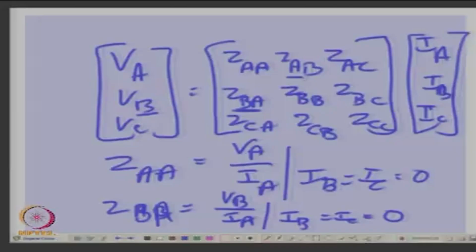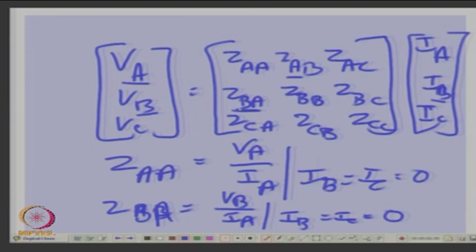Yeah, according to what we have given, the way we have defined it appears to be ZAB, okay, ZAB will be VB by IA, or VA by IB, the voltage induced in the A winding due to the B phase current.